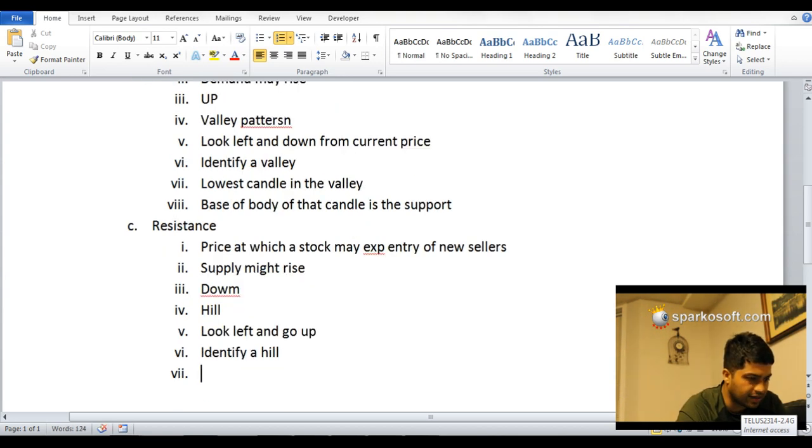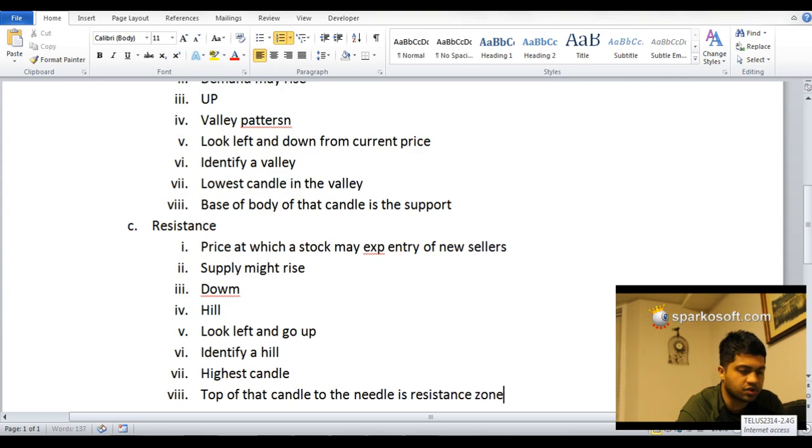In that hill, identify the highest candle, and the top of that candle to the needle is your resistance zone.